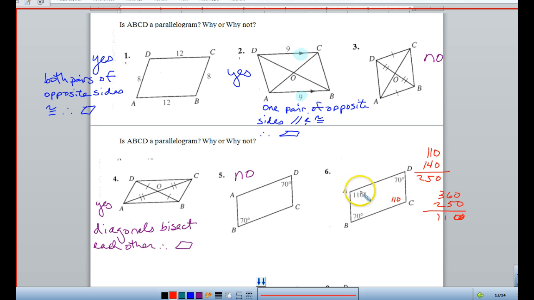So if that's 110, I've got both pairs of opposite angles congruent. Therefore, it's a parallelogram. Alright, what I'd like you to do right now is go ahead and pause this and do 7, 8, 9 on your own.